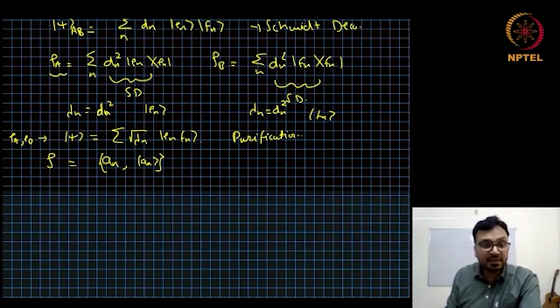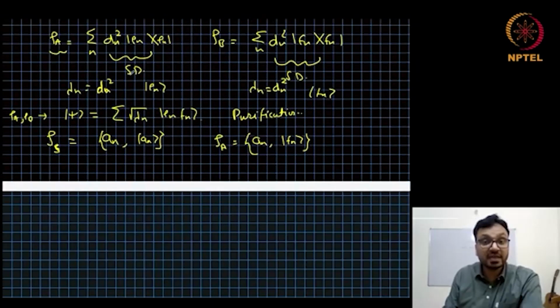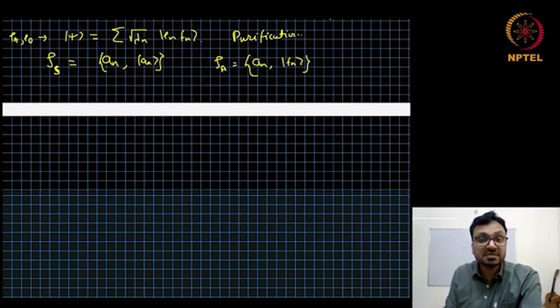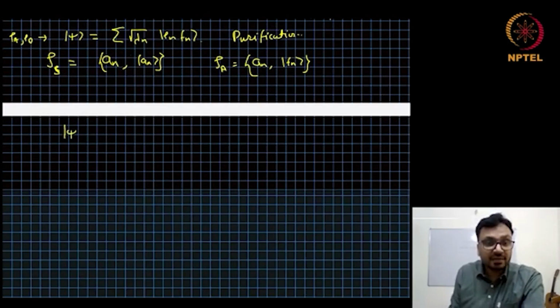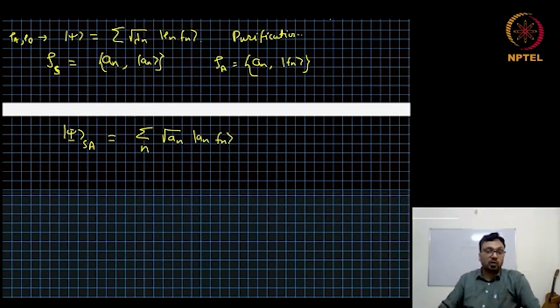Then I can say that this is the density matrix of the system, and there is an ancilla, another Hilbert space, another quantum system, which we do not know and do not care about, but it has a state with eigenvalues a_n and some eigenvectors f_n. This choice of eigenvector is completely arbitrary. We can choose any orthonormal set f_n. We are just interested in the eigenvalues a_n. Then the total state of system and ancilla is the sum over n of the square root of a_n, which is given to us, times f_n, which we can choose arbitrarily as long as they are orthonormal.